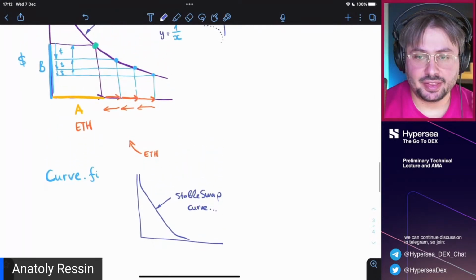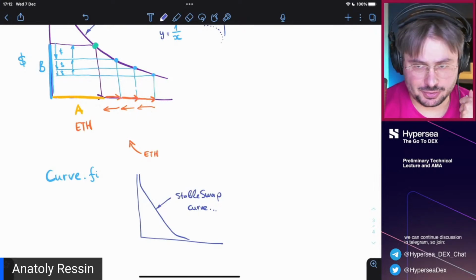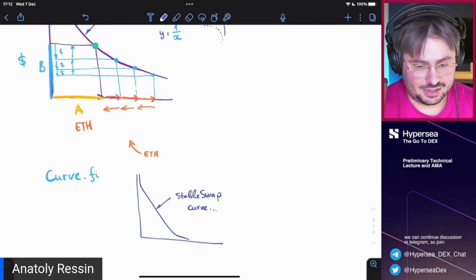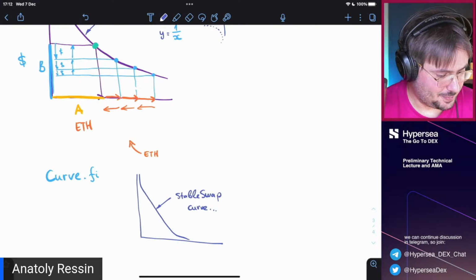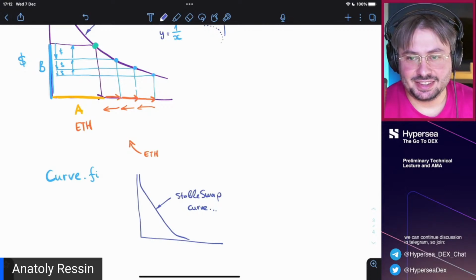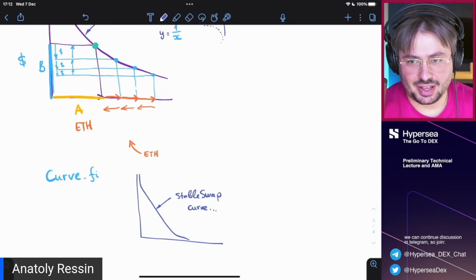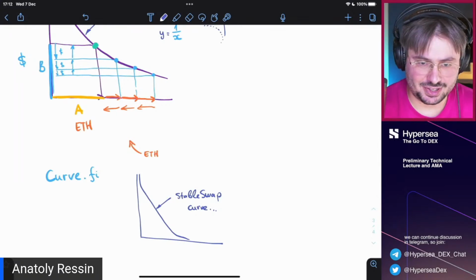But the question is why we should even find better curves for representing a market maker strategy, and how should we find them? How should we change it?